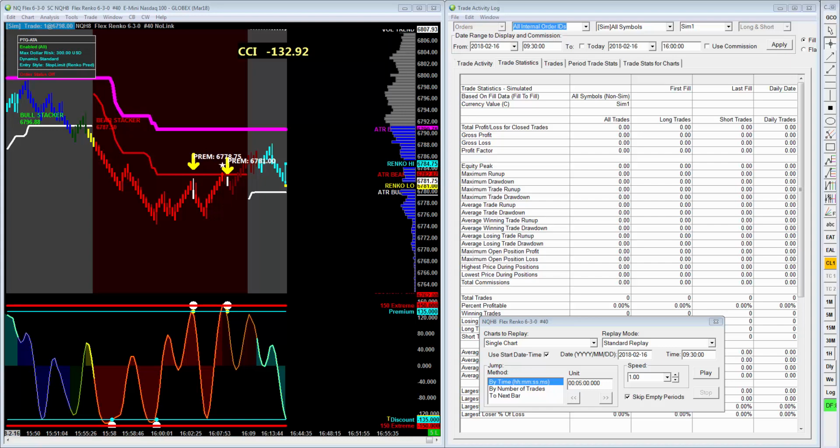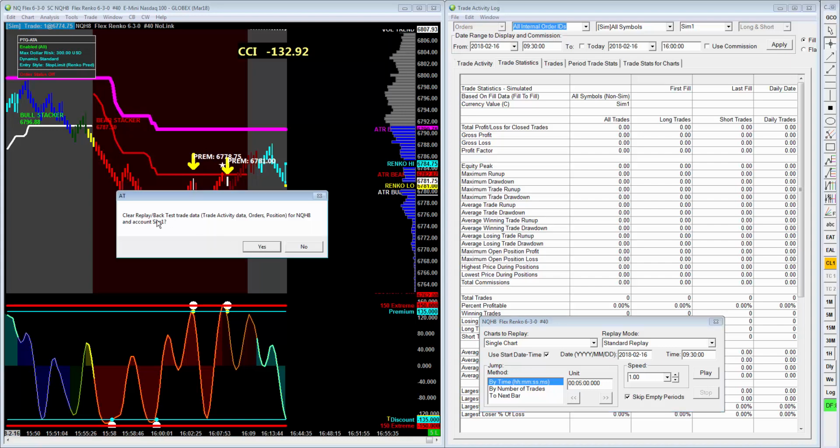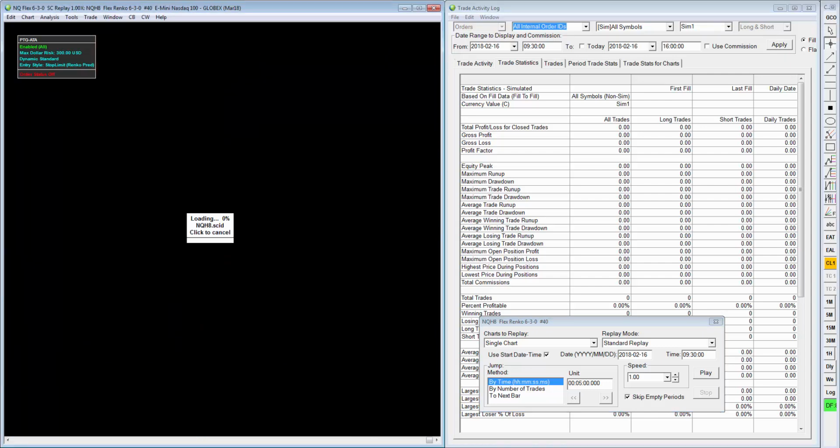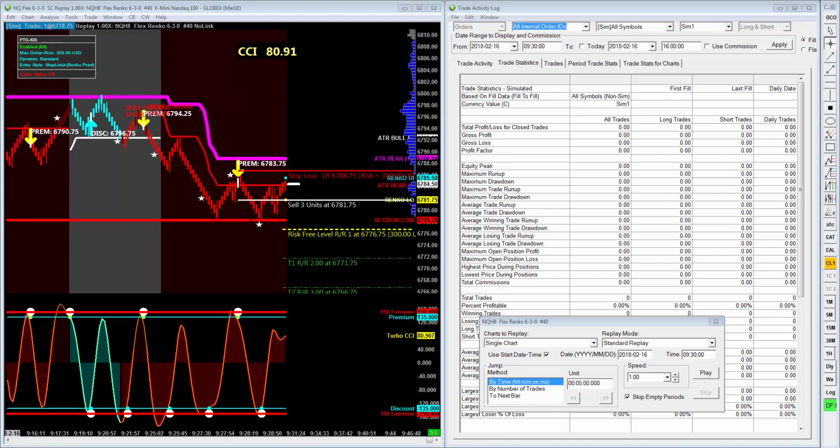Okay, so let me start the presentation. All right, start play mode. So we're going to begin play mode. It's resetting the chart to 9:30, and we'll be starting in normal speed, which is basically one time.